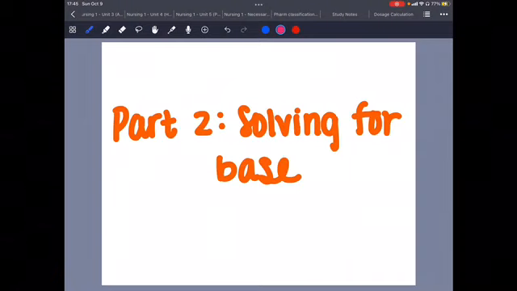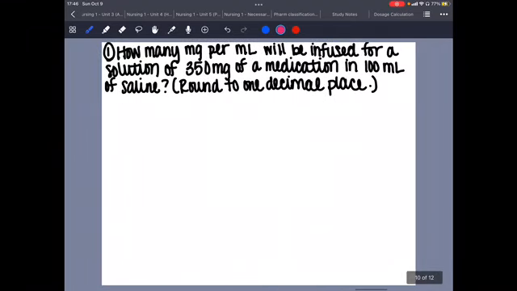All right, part 2 of this, we're going to solve for the base. So the base meaning whatever unit you're solving for, whether it be like the grams or the milligrams. So you're only going to be given 2 instead of the 1. It sounds a little confusing, but it'll make sense as we go along.